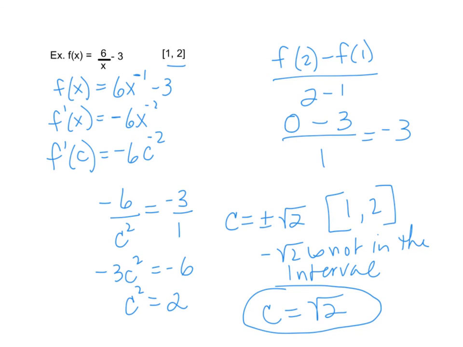But if we change this interval, like say we wanted this interval to be from negative 1 to 2, then we would not find a c, because we know from the original function that x cannot be 0. We cannot divide by 0, and that's in this interval. There is a vertical asymptote for this rational function.